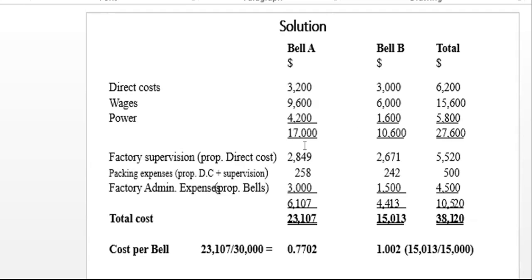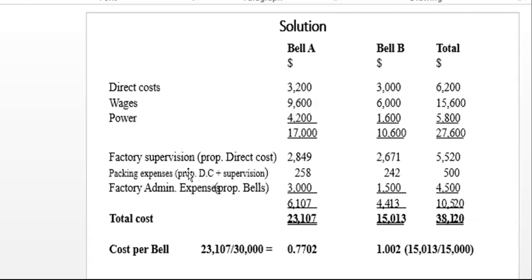After you work out all that, you'll get these figures, and please confirm them, so that whatever is allocated in terms of factory supervision to bale A is 2,849, and whatever is allocated to bale B is 2,671, giving us a total of 5,520.